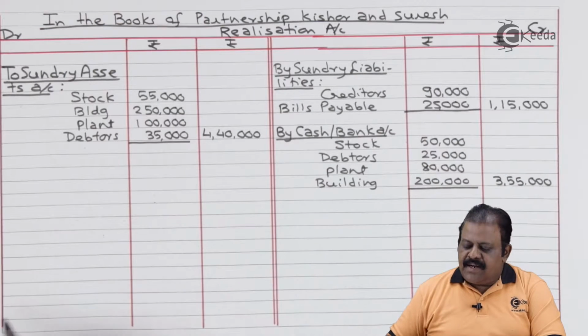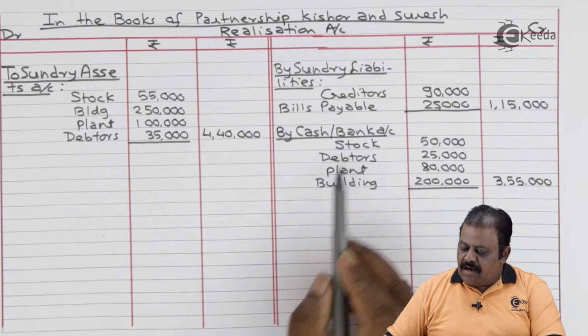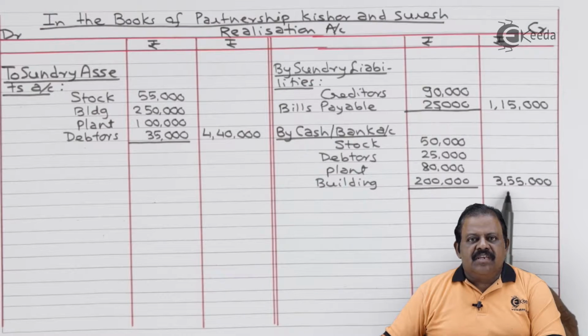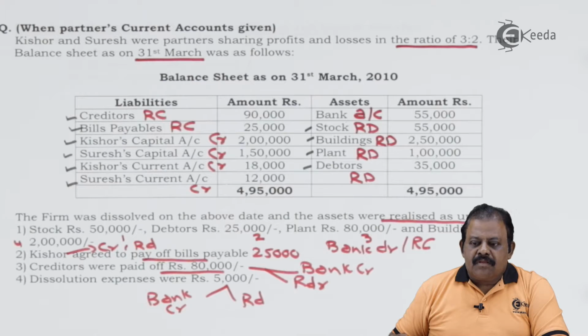Realization account credit side, by cash bank account for assets realized, total amount is 3,55,000.